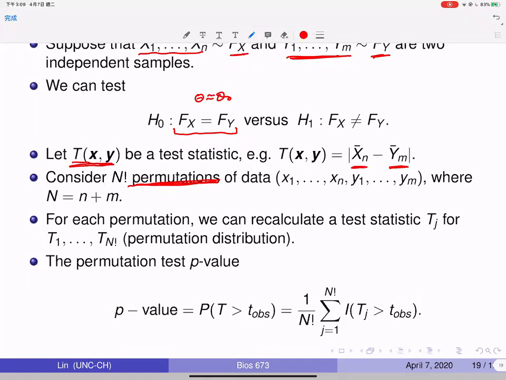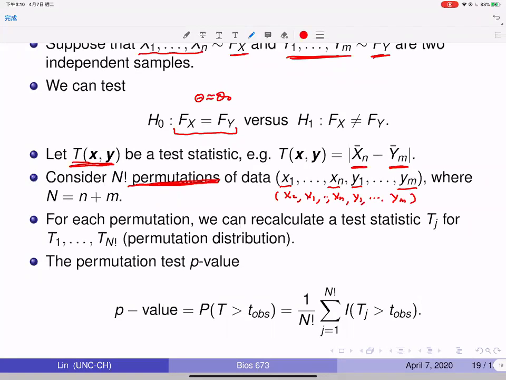Permutation means that you have your X1 to Xn, Y1 to Ym lined up, and then you permute it. You could write it down as X2, X1, dot, dot, dot, everything the same, Xn, Y1, dot, dot, dot, to Ym. This is one permutation.